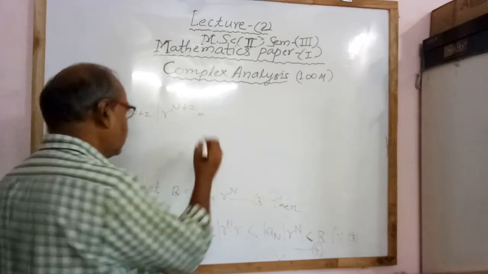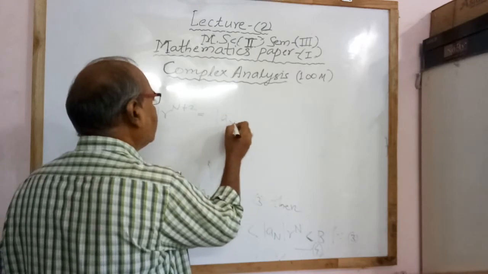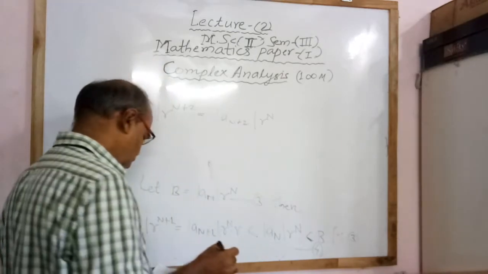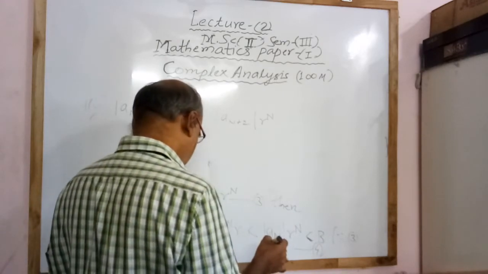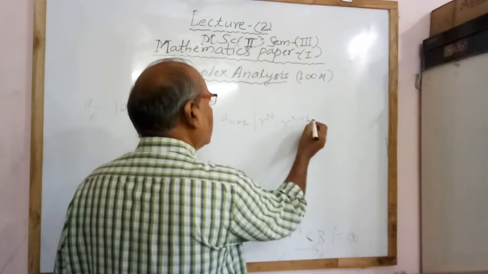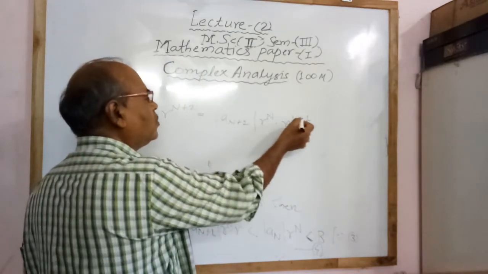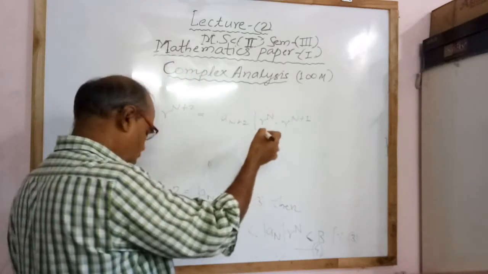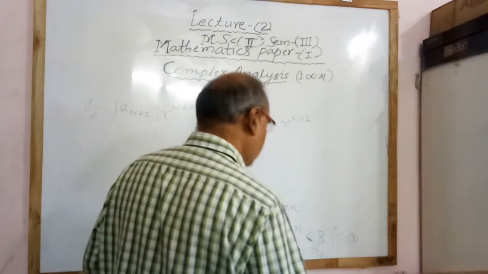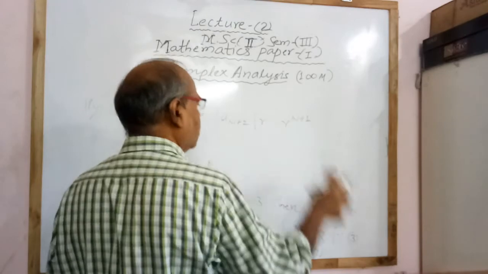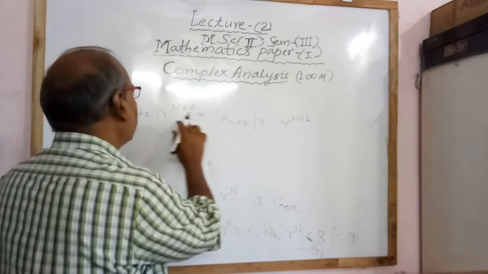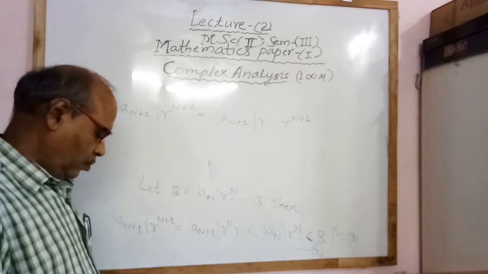Therefore we can write it as mod of aN plus 2 r to the power N plus 1 into r. By property of indices, r to the power 1 and r to the power N plus 1 add, that is r to the power N plus 2.